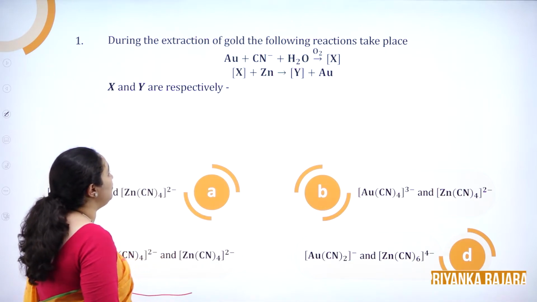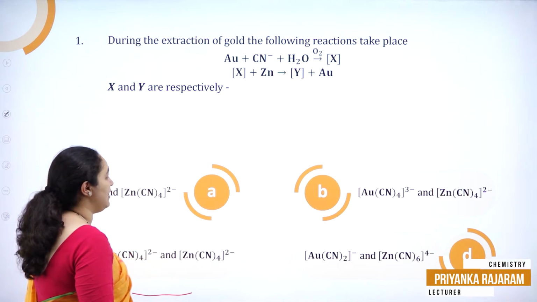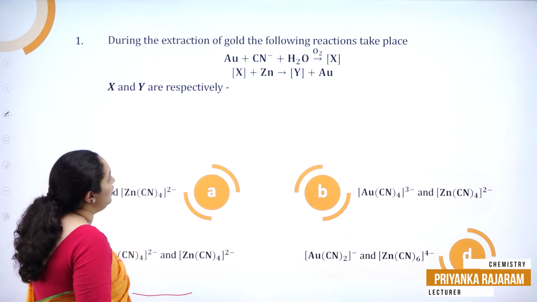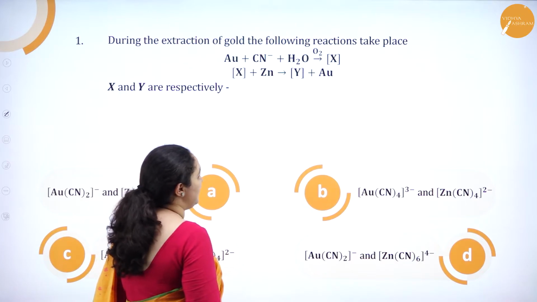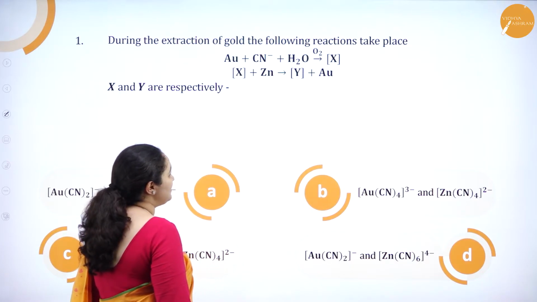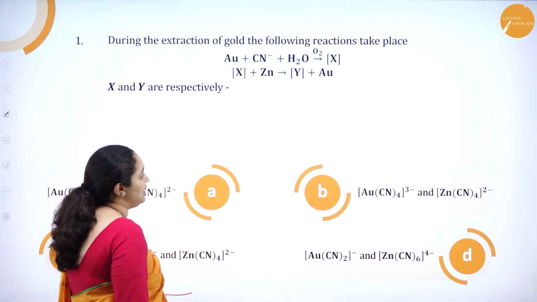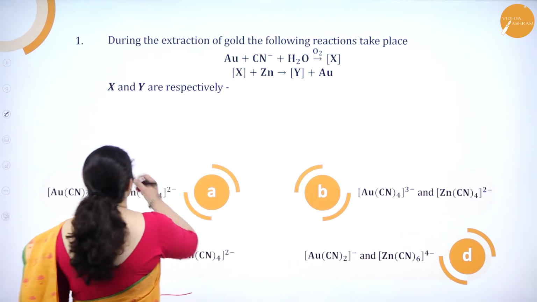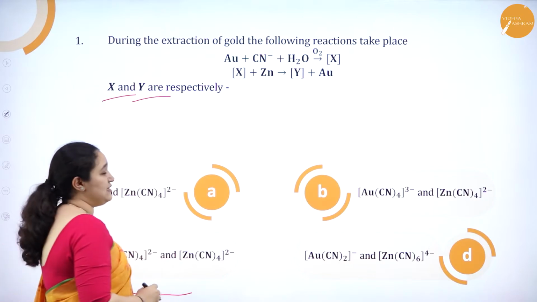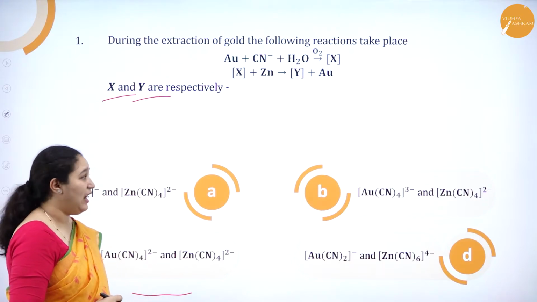During the extraction of gold, the following reactions take place. Gold with cyanide ion and water in the presence of oxygen gives X, and X is a complex ion which when reacts with zinc gives Y, and gold is precipitated. What are X and Y respectively is what is being asked.